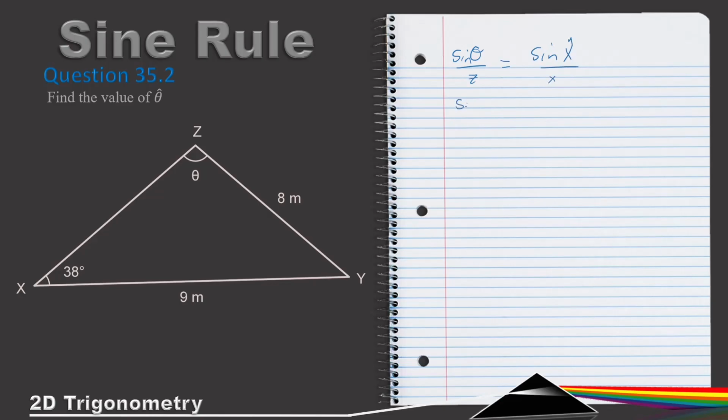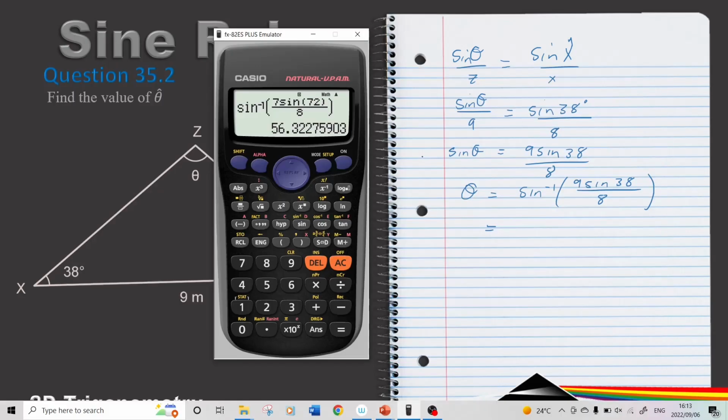And then substitute in: sine theta over 9 is equal to sine 38 degrees over 8. Solve for sine theta, so take the 9 up, 9 sine 38 over 8. And then take the inverse. So sine inverse 9 sine 38 over 8. And then type it in.